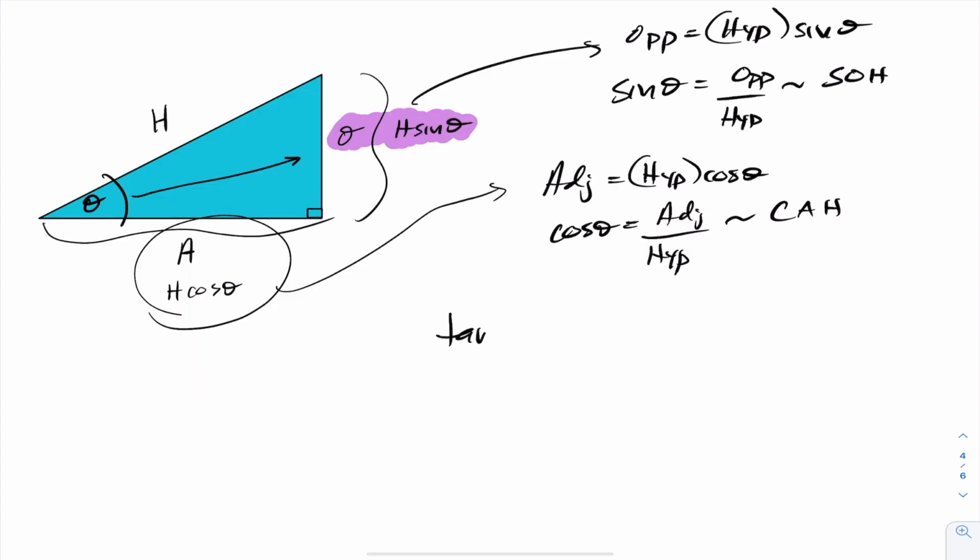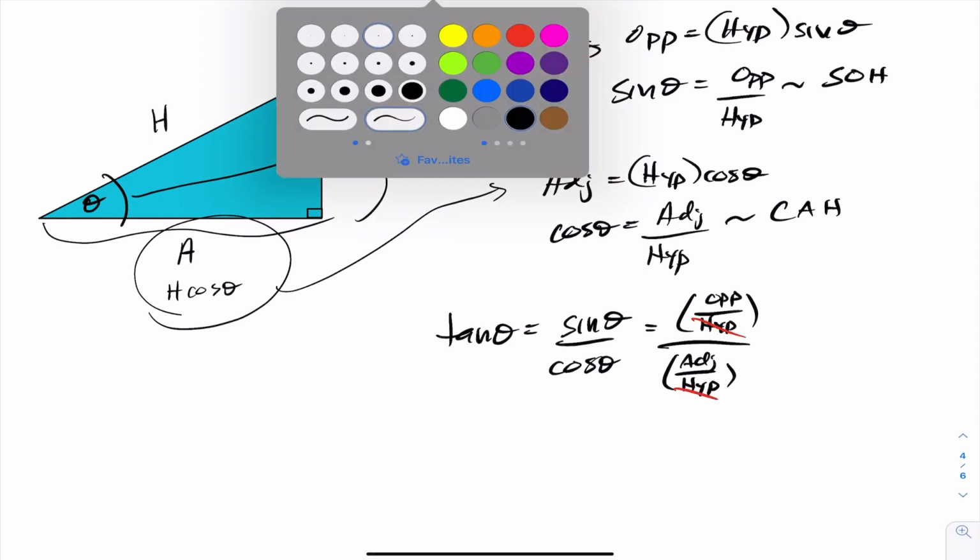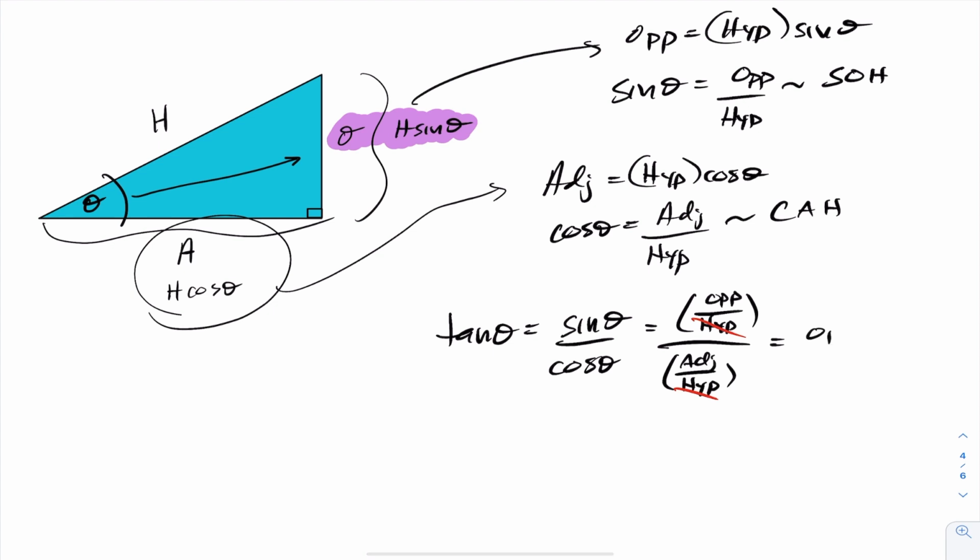And lastly, we have our tan of theta ratio, which is sine theta over cos theta, which is going to equal my opposite over my hypotenuse divided by my adjacent over my hypotenuse. The hypotenuses cancel here, and this becomes opposite over adjacent, which we abbreviate as TOA. And the TOA stands for the tan of your angle is your opposite over adjacent.